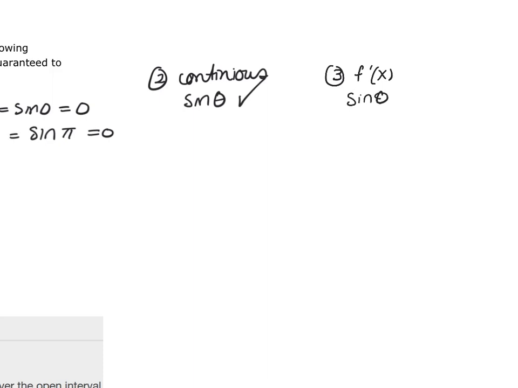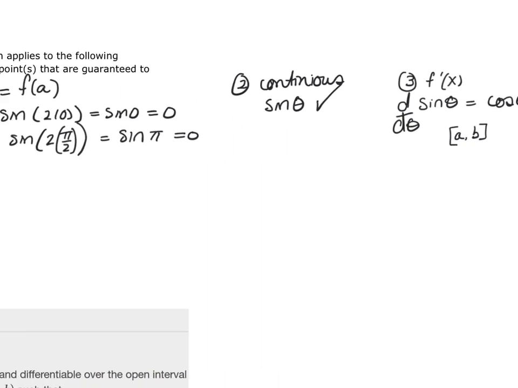Well, the derivative of the sine of theta with respect to x is equal to the cosine of theta times theta prime. So the cosine of theta, provided of course theta is a real number and I don't have to worry about imaginary numbers, is also going to exist on the interval a to b, which in our case is from 0 to pi over 2.